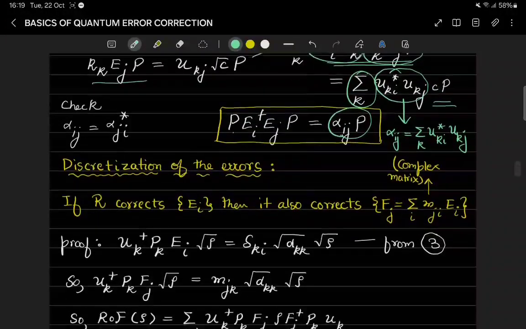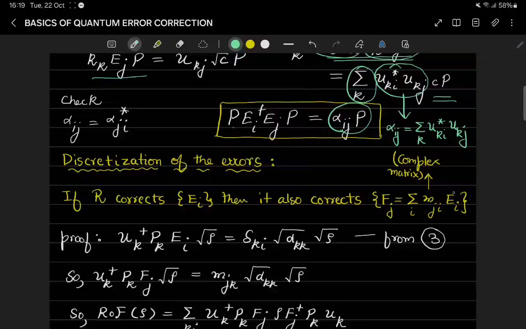So overall what it means is that if you have a recovery channel for E_i, then you can form linear combinations of E_i to get some different F_j matrix. Then for these F_j as Kraus operators, the recovery channel holds. So that's what I have written. If R corrects E_i, then it also corrects a lot of different kinds of errors.